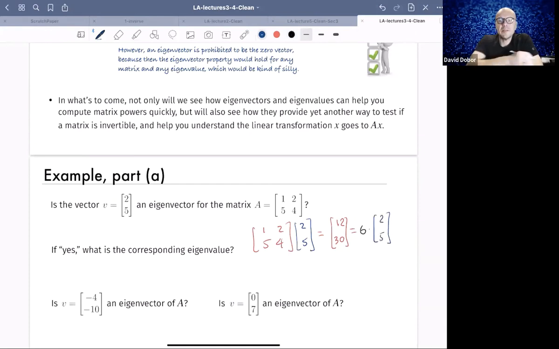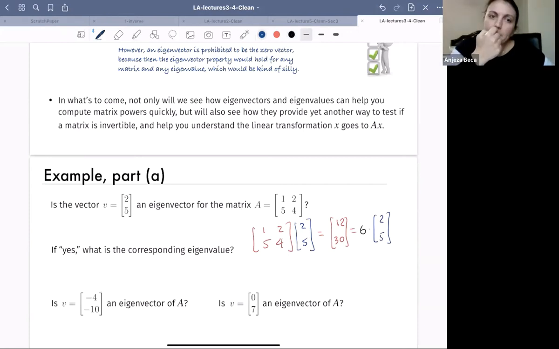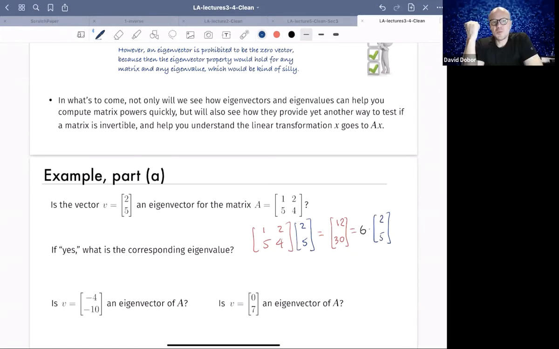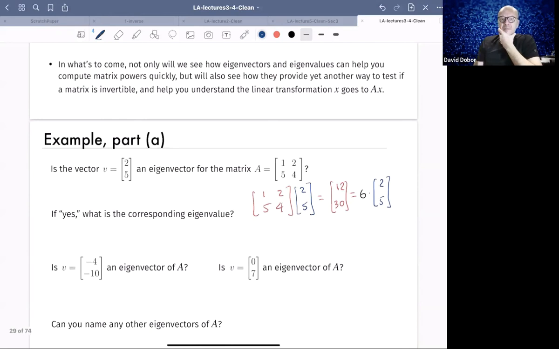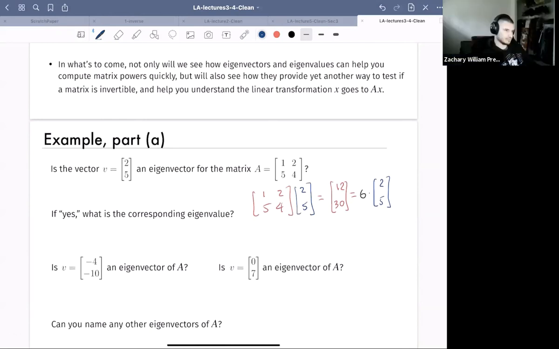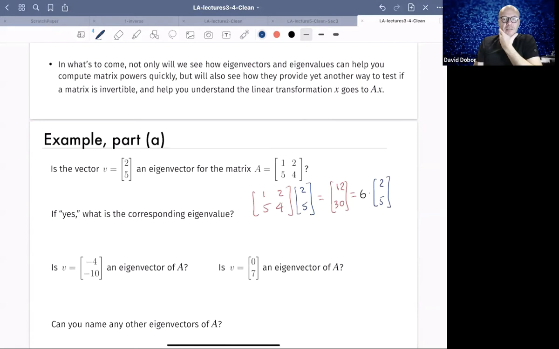So this blue vector, that (2, 5) vector, or any multiple of it. Can you name any other eigenvector, please, in this 2-dimensional plane? We're living now in this 2-dimensional plane. Our transformations go 2 by 2, right? Can somebody name just one more vector that's also an eigenvector? (4, 10), or even (1, 2.5) is also an eigenvector, right?